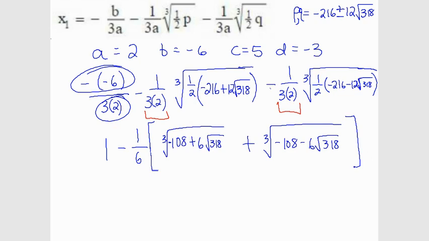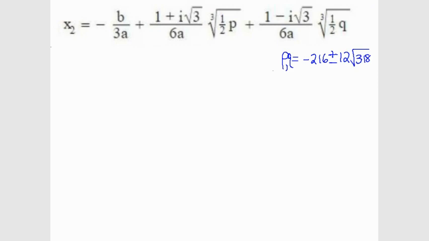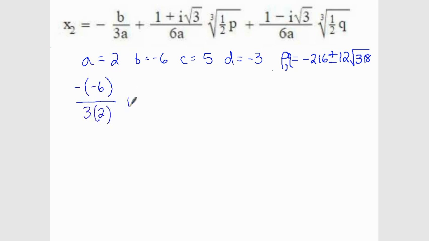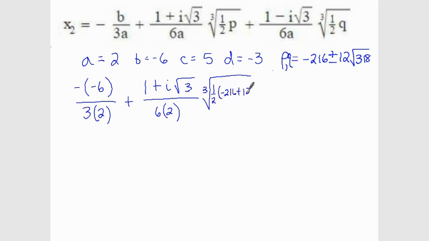Okay. Let's remind ourselves a is equal to 2, b is equal to negative 6, c is equal to 5, and d is equal to negative 3. So we get a similar situation here, negative of a negative 6 over 3 times 2 plus 1 plus i root 3 over 6a, which would be 6 times 2, times the cube root of 1/2 p, so that'd be 1/2 times the negative 216 plus 12 root 318.